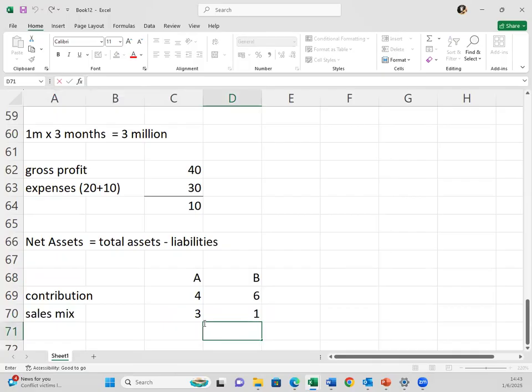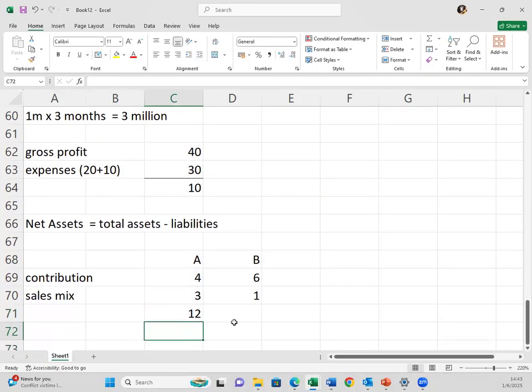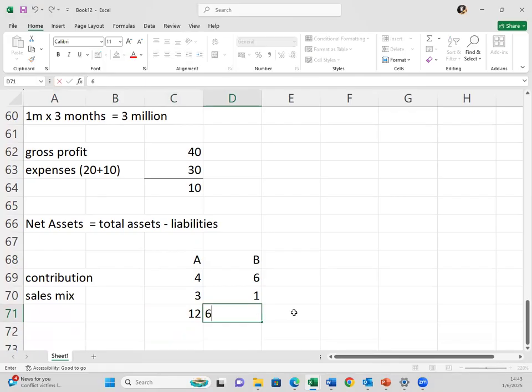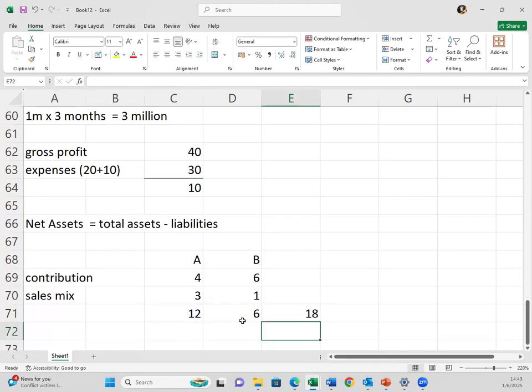It means whenever you sell, you are selling 3 units of A and 1 unit of B. So in terms of the total contribution or profit you would make, we're assuming the company is maintaining this sales mix. So 4 times 3, that's 12. 6 times 1, that's 6. So you are making a total profit of 12 plus 6, that's 18.